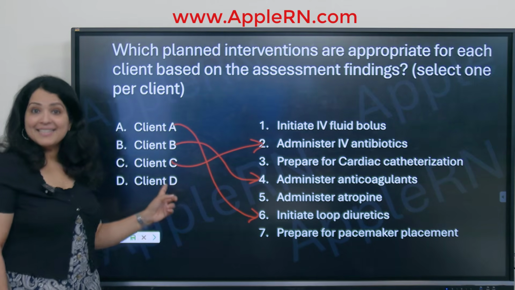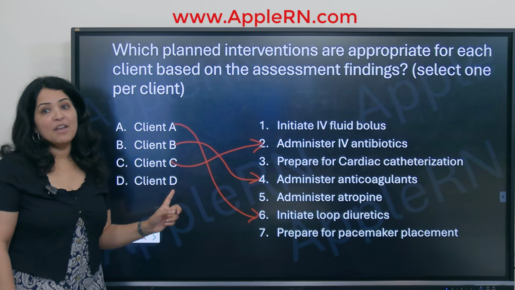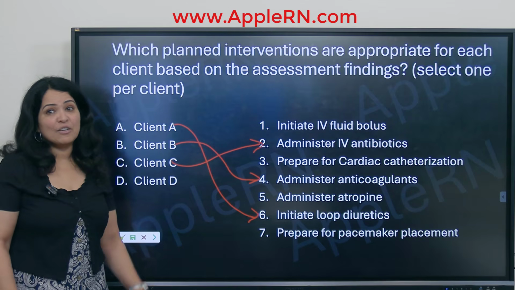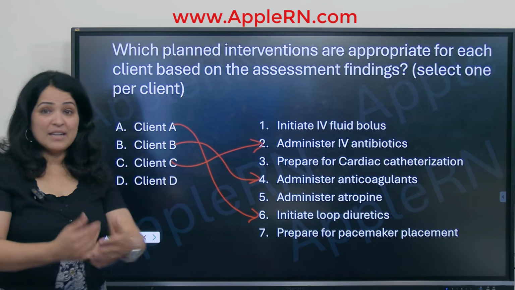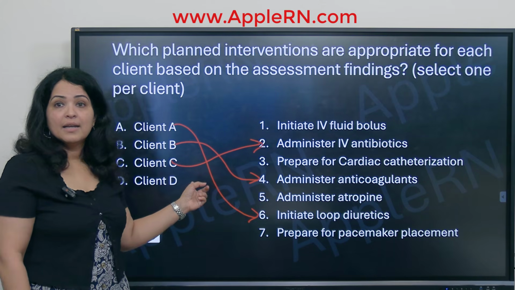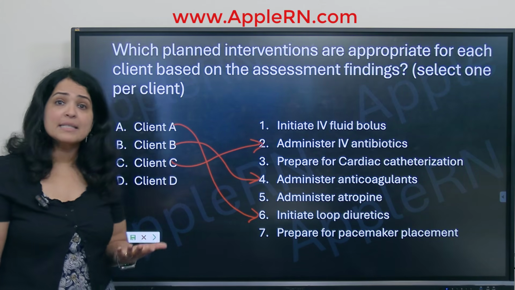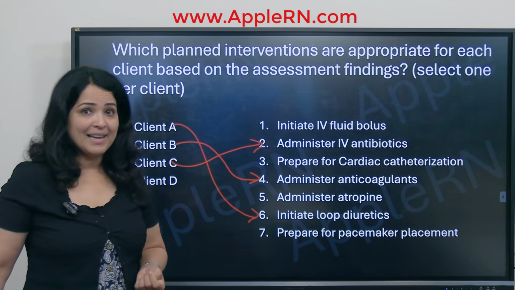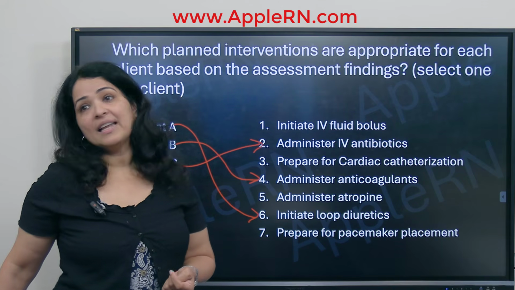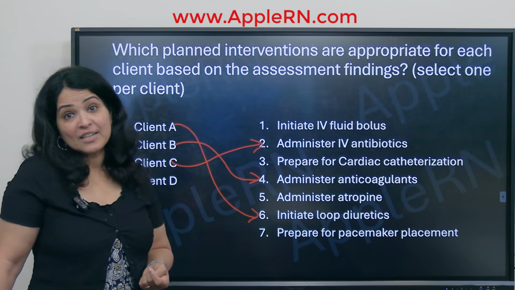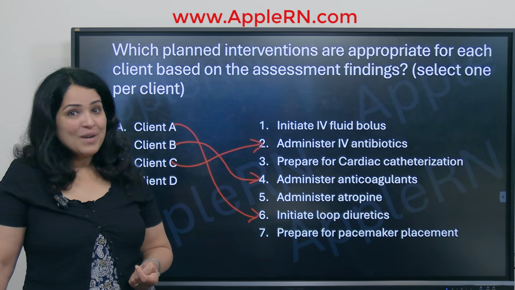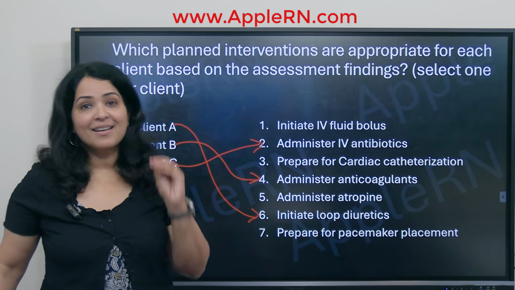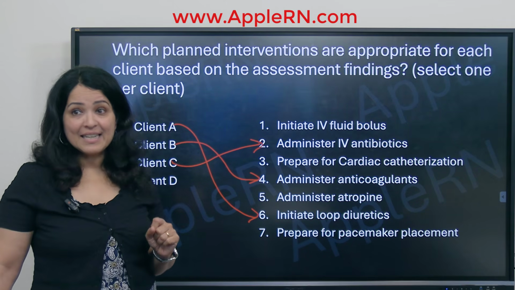All right, client D, this is the one with AV block. What do we need? We need pacemaker placement. Did somebody say atropine? Atropine is something we use when there is bradycardia, right? In AV block also, in some cases, atropine is one of the ways to go. But if you look at our cardiac lecture, we have discussed this.